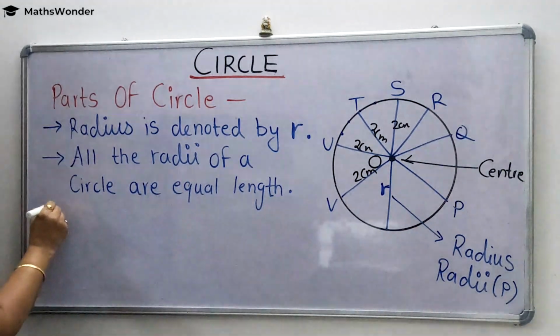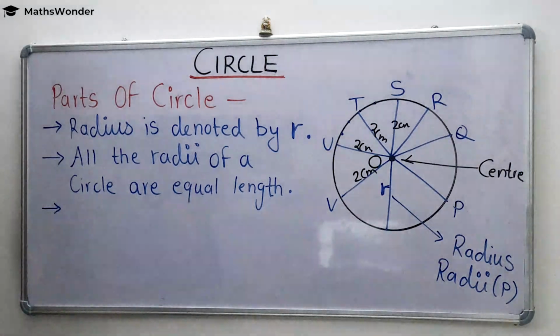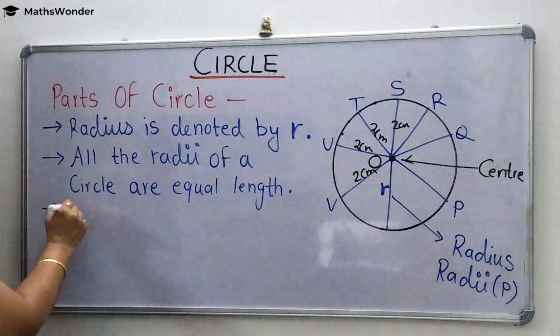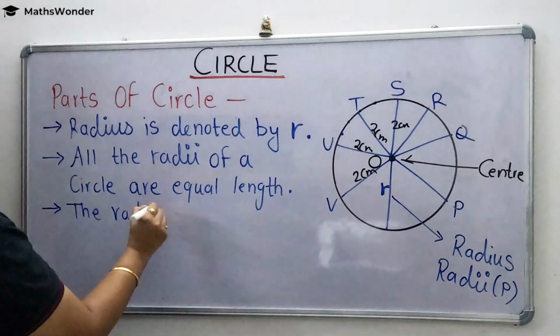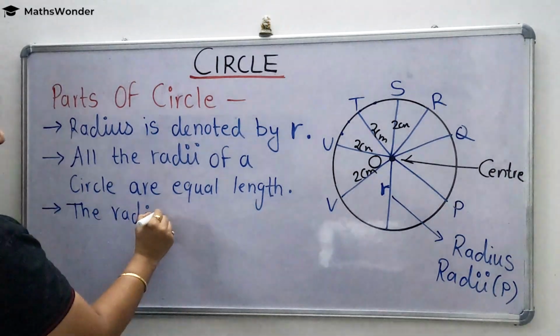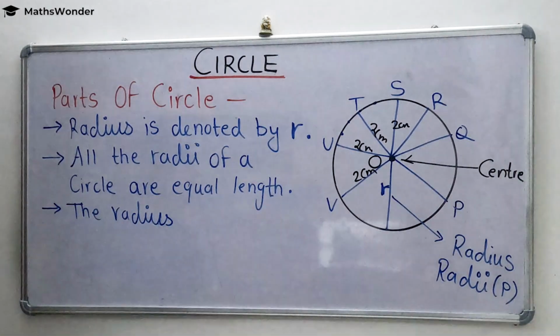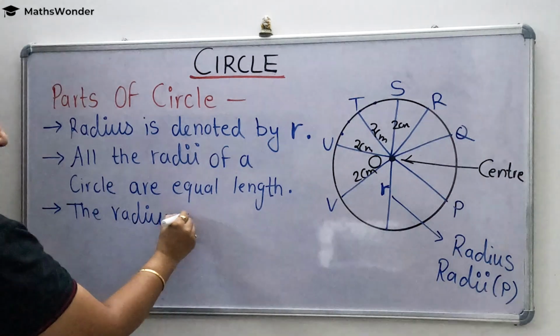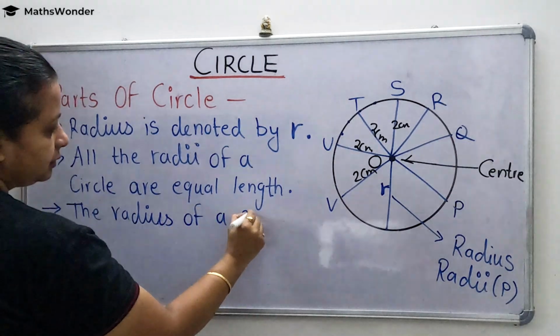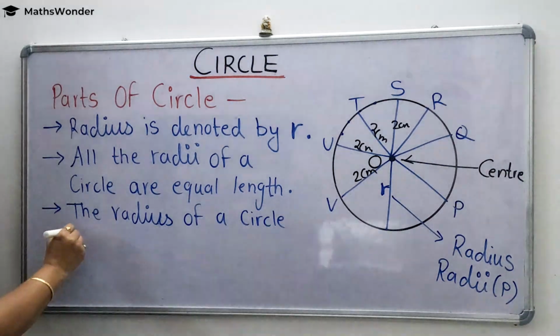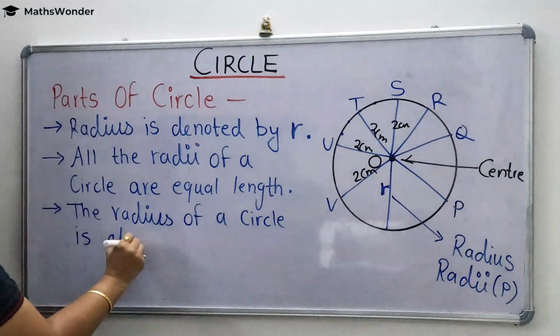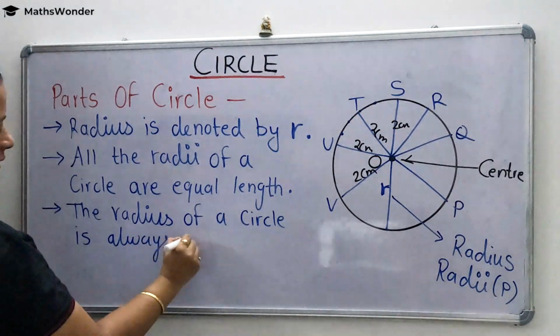Now come to the third property of radius: the radius of a circle is always positive. Write it down.